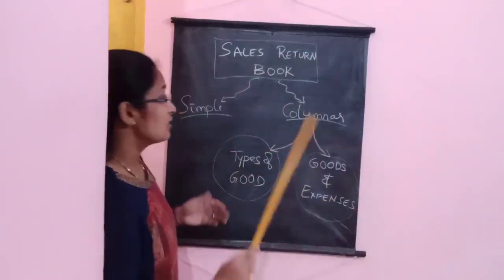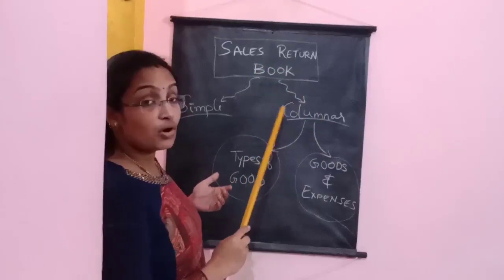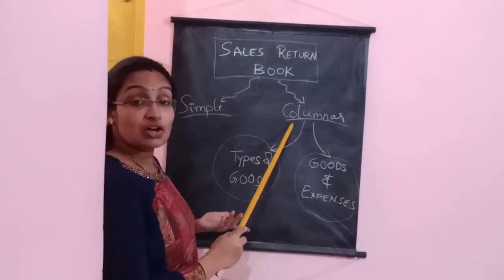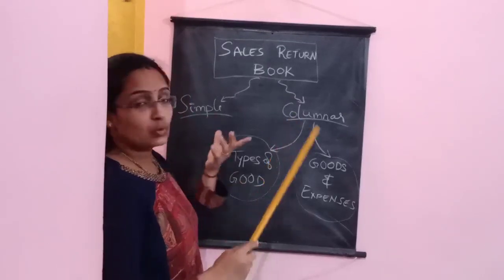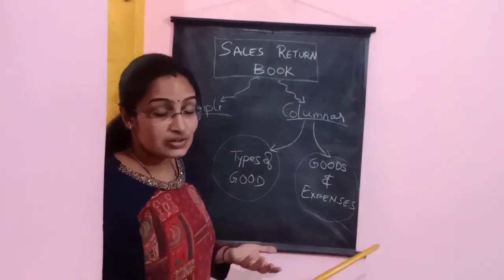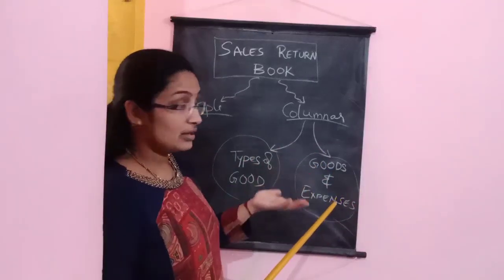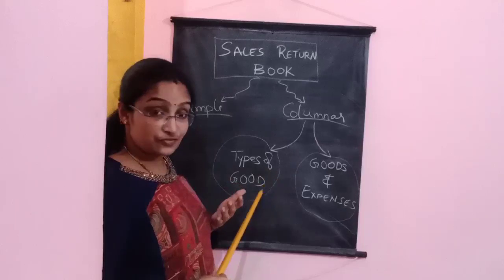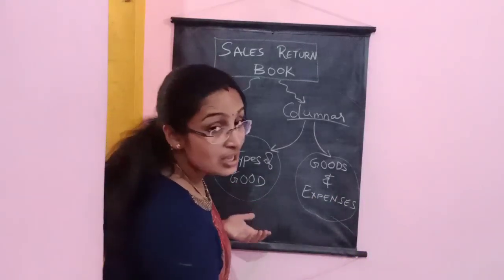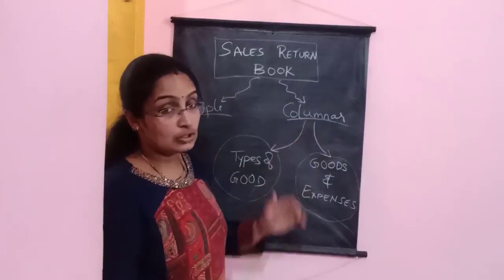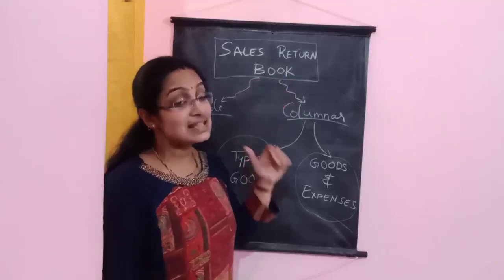Let's see. In sales book, we have simple and columnar. In the same way, sales returns book also has simple as well as columnar, where in the simple one only a single column of amount and particulars is kept, and in columnar we have various columns with respect to the types of goods and the expenses. These were for the sales returns.